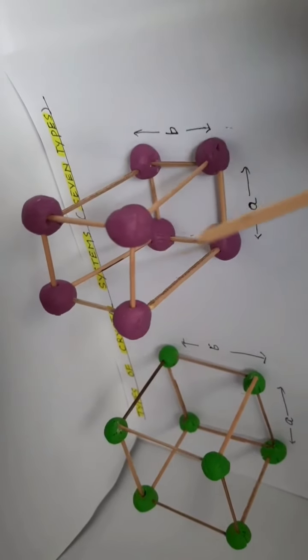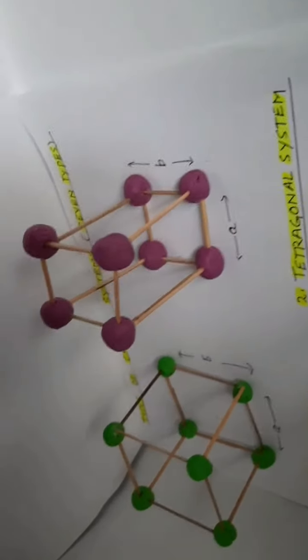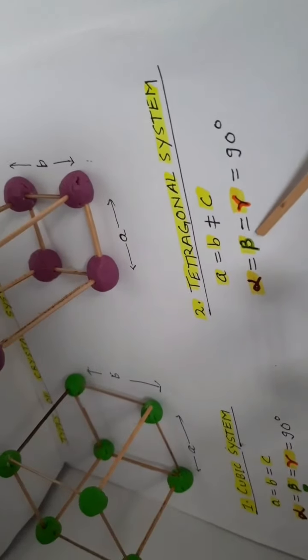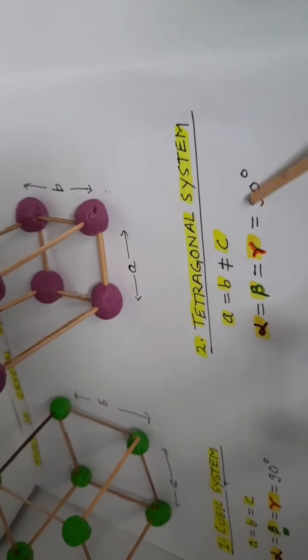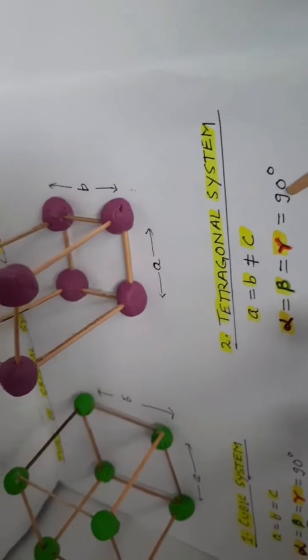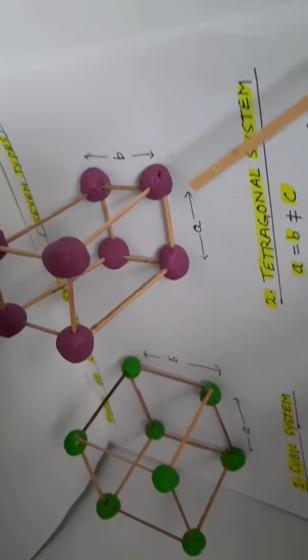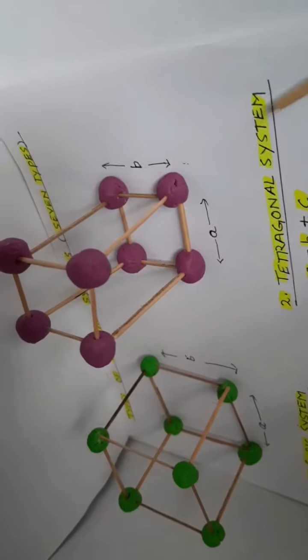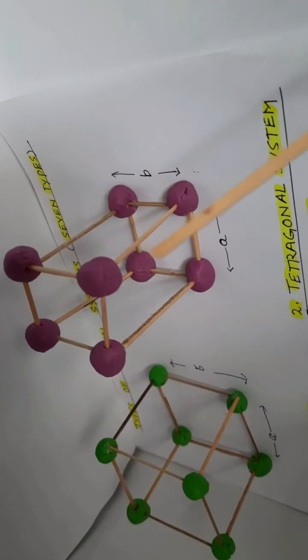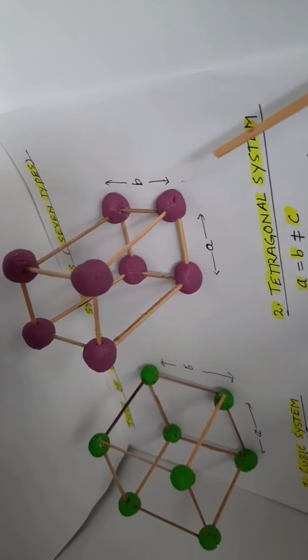So, alpha, beta and gamma, all these 3 angles are equal to each other and they are also equal to 90 degree. This is an example of primitive unit cell of tetragonal crystal system where the atoms are occupied at all the corners of the unit cell.